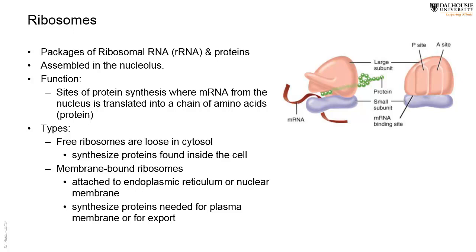They are the site where protein synthesis is done. So you can see here they are in the cytoplasm. They will attach another kind of RNA which is called messenger RNA, and on this messenger RNA, amino acids, these are the beads which you can see in green, will be assembled together in a chain.